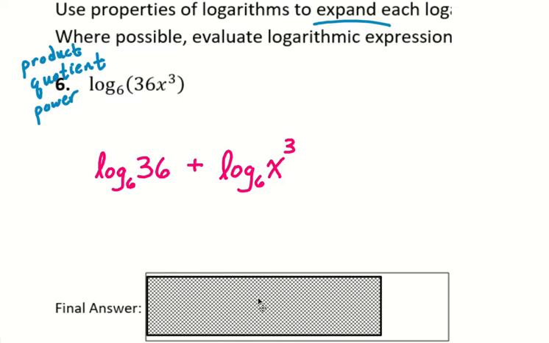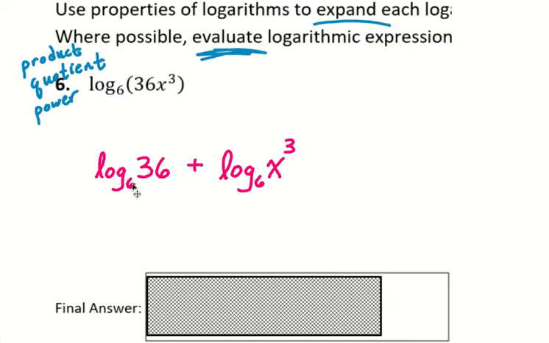When this 3 is now only with the x, like we've isolated x to the third power in its own log, now we can bring the 3 down, okay? Now we can bring it down, which we will, in a second. But the directions also say, where possible, evaluate cleanly any log expressions you can, which if you look at this log, I hope you notice without any problems. The log of 36 base 6, that's a very clean answer.